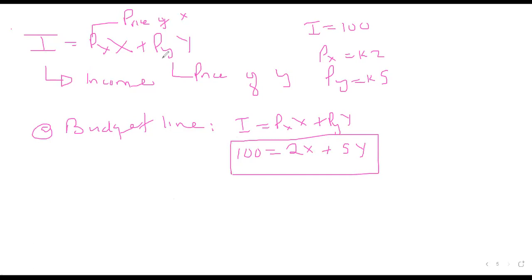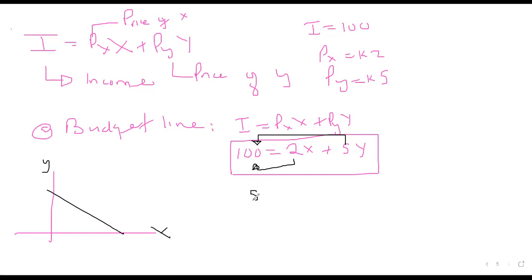So how do we illustrate this budget line? To plot a linear equation, the easiest way is to calculate the intercepts. Just divide 2 into 100 to know where it cuts the X axis, and divide 5 into 100 to know where it cuts the Y axis. So let's divide 2 into 100.